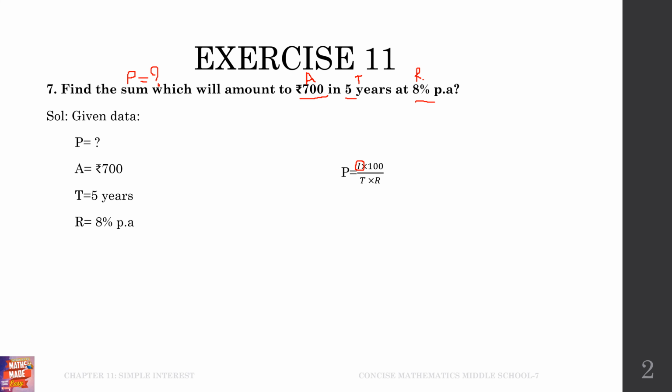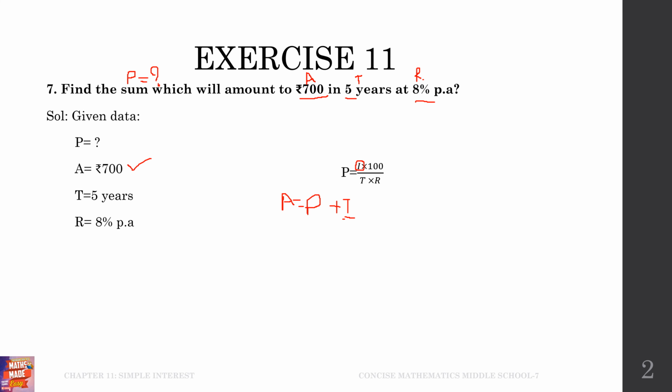For finding this I value, you might think of another method. Yes, here amount is there. So we can put the amount formula. What is the amount formula? A is equal to P plus I. Principal plus interest, right?